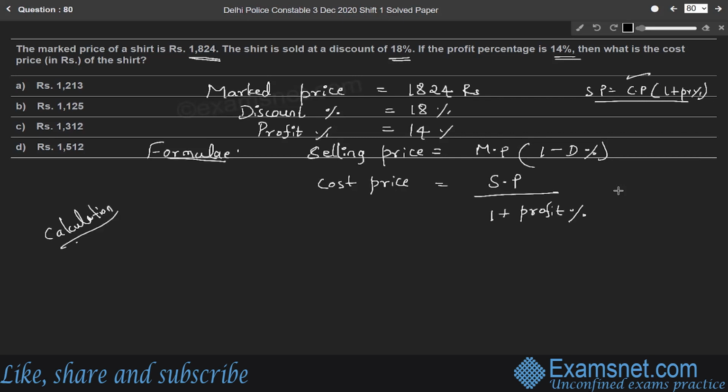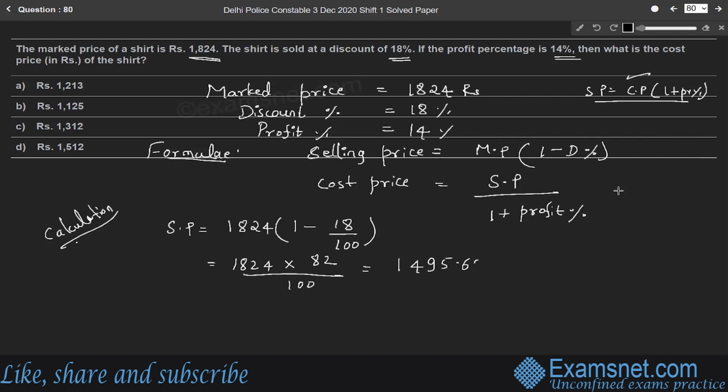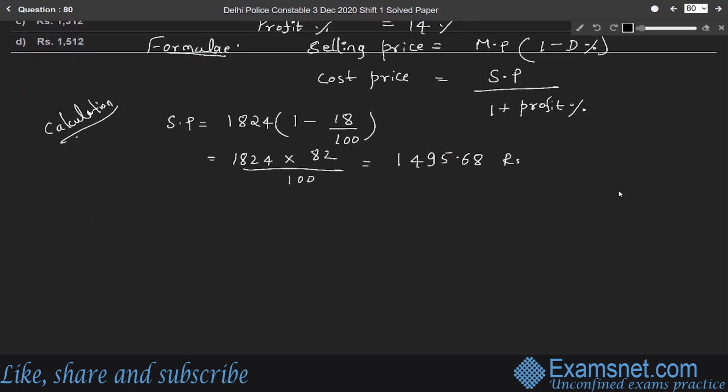So here, first let us find selling price of the shirt. So selling price is equal to market price, which is 1,824 into 1 minus discount percentage is 18 by 100, right? So 1824 into 100 minus 18 is 82 whole divided by 100. So which gives 1,495.68 rupees. Selling price of the shirt is 1,495.68 rupees.